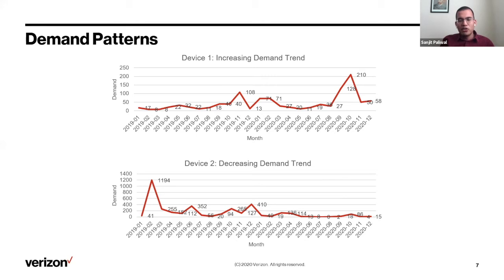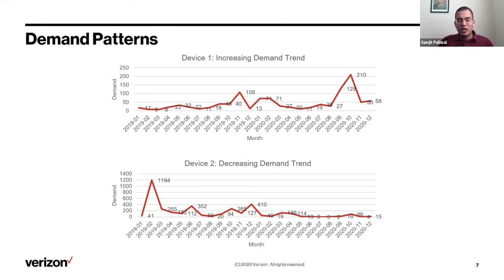For a given device, in January 2019, we have double digit and even single digit demand. But going forward, the demand increases to even triple digits in the later quarters of 2020. So we can see the demand progressing and increasing over the 2-year period.